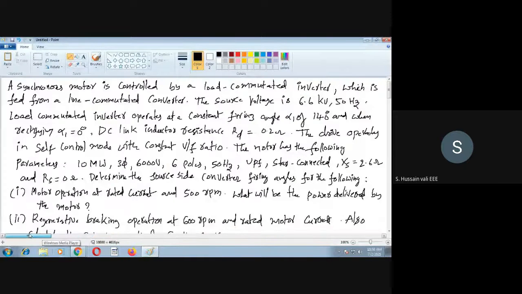Now we'll solve a numerical problem. So I just want you to go through this numerical problem. This is about a synchronous motor. Okay. So the synchronous motor he has given.